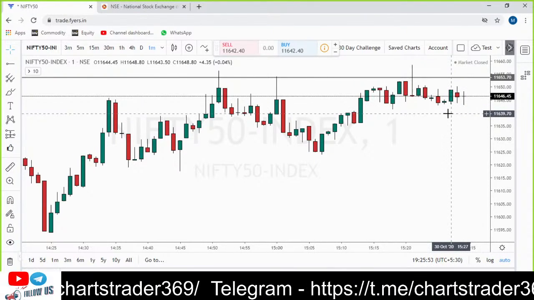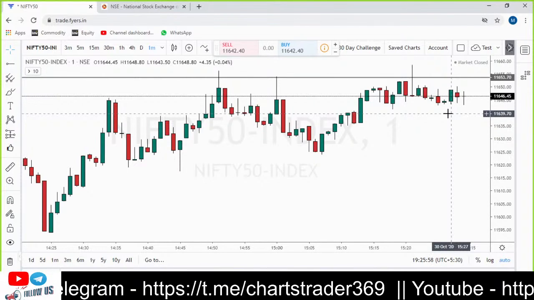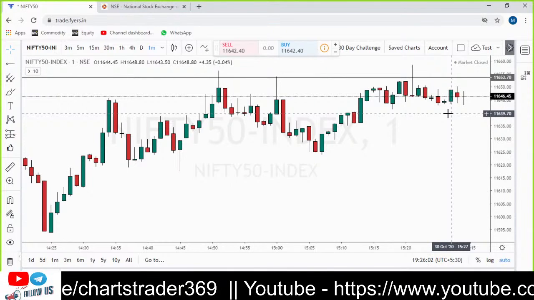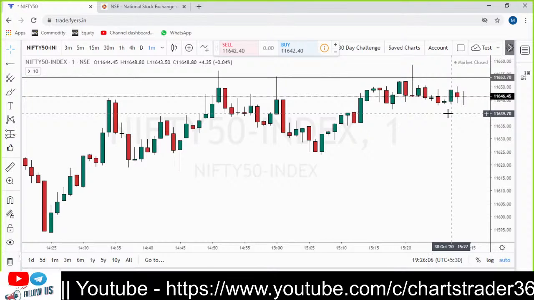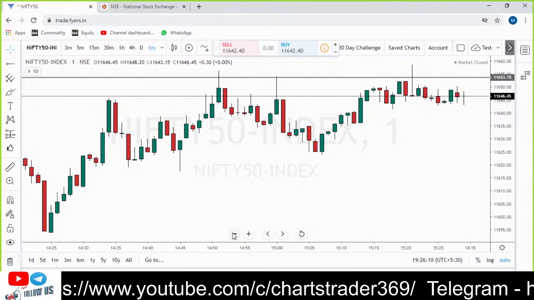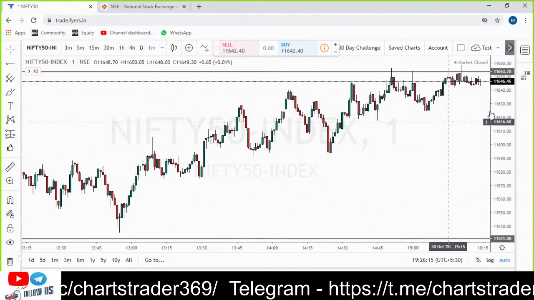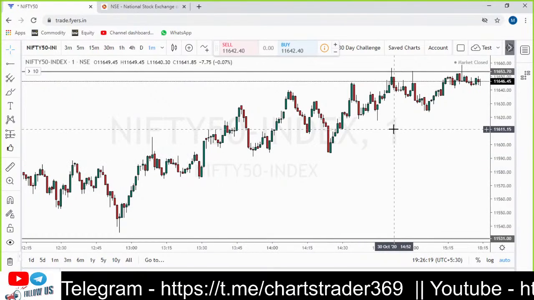Since we have 6 hours 15 minutes of trading time, we designed these time frames: 5 minutes, 15 minutes, 20 minutes, 1 hour, whatever it is. But actually, these candles are nothing but a series of price data. Even if you take 1 second or 1 minute, you will get a series of data.